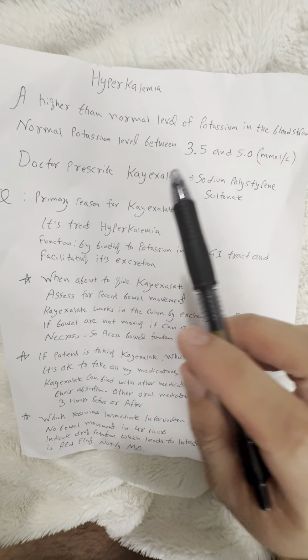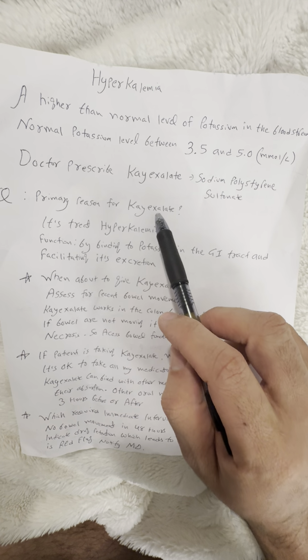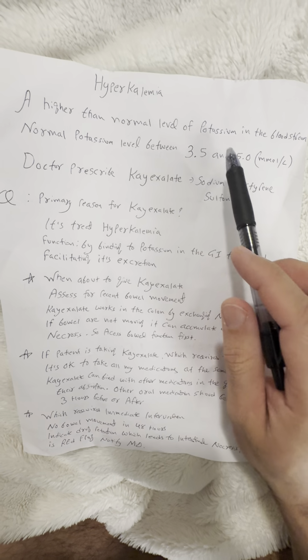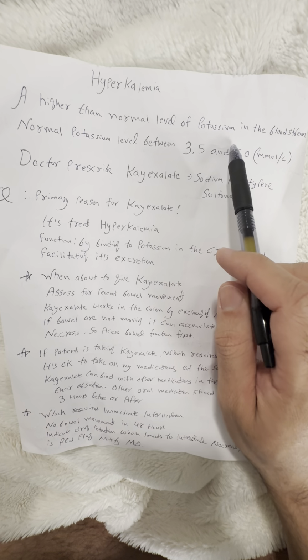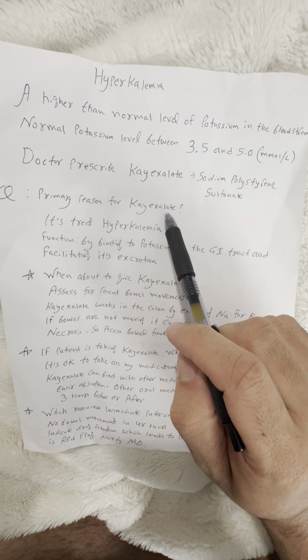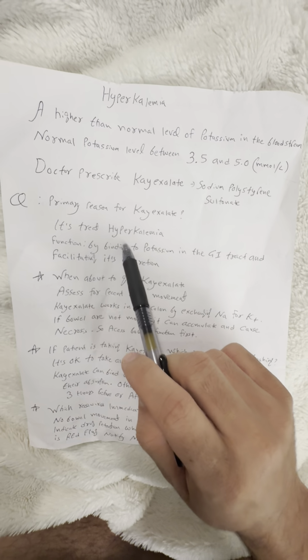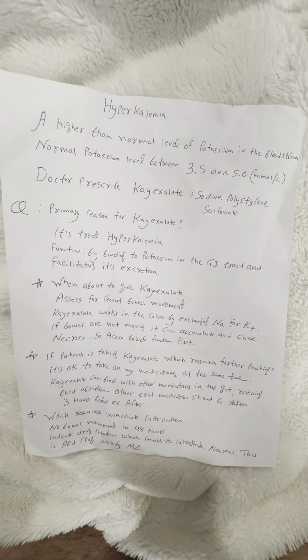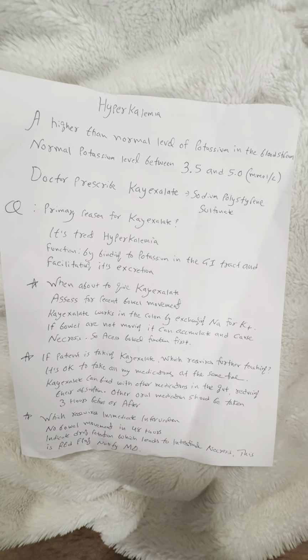During your exam, if you get a question, what is the primary reason for a patient receiving Kayexalate? As we know, we want to bring the potassium level back to normal. This medication is given to treat hyperkalemia.